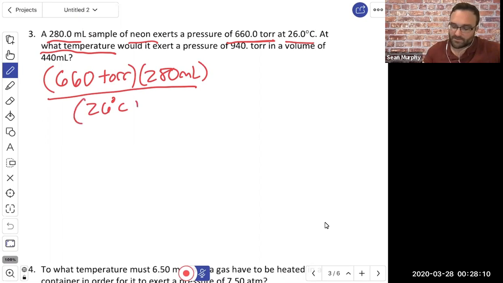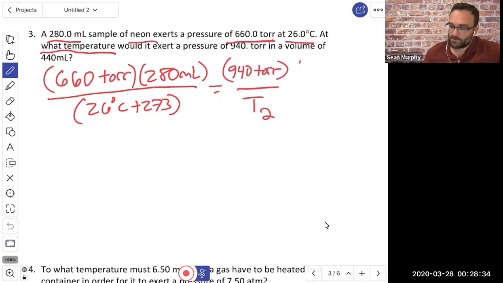So let's add 273 to that, because you need to put it in kelvins. All right, and then what temperature? So we're looking for T2, that is also in kelvins, would exert a pressure of, here's our P2, 940. And then the volume is 440.